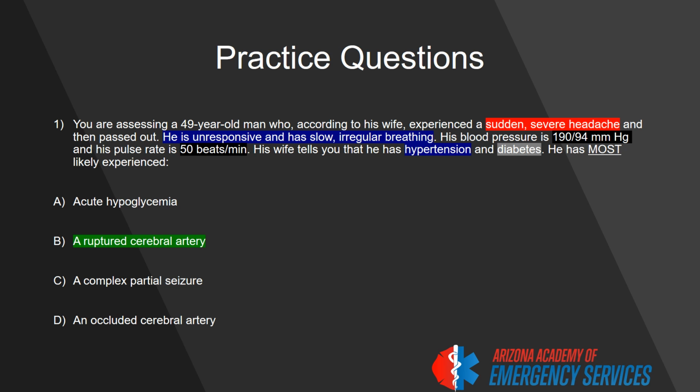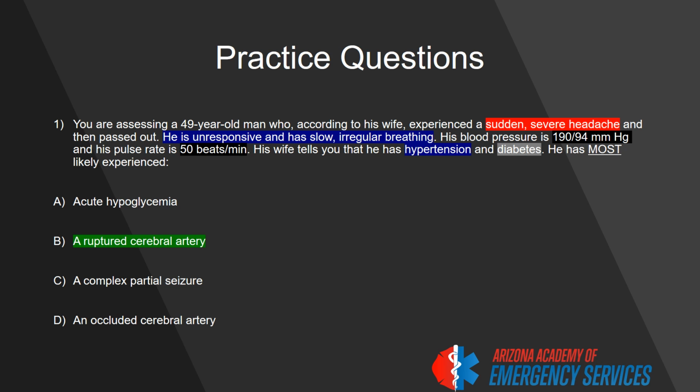The sudden severe headache and the history of hypertension tell us that the increase in cranial pressure is most likely due to a rupture in a cerebral artery, a hemorrhagic stroke. So again, why hypertension is so important.